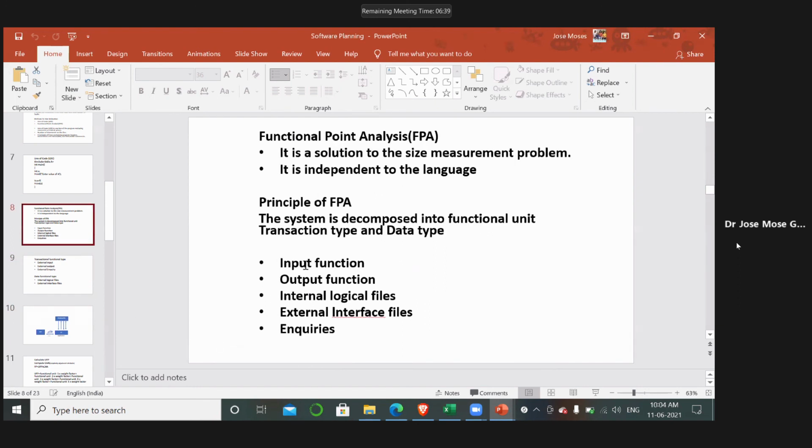Input, output, files, interfaces, and inquiries. So the system is decomposed into these 5 parts.